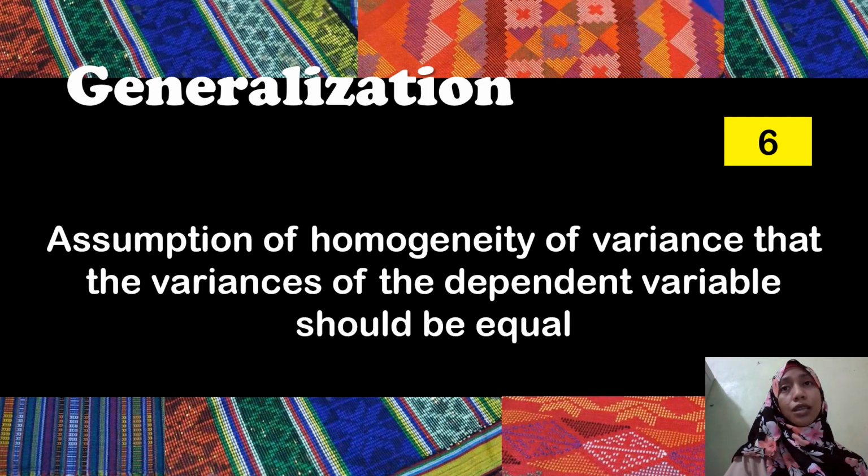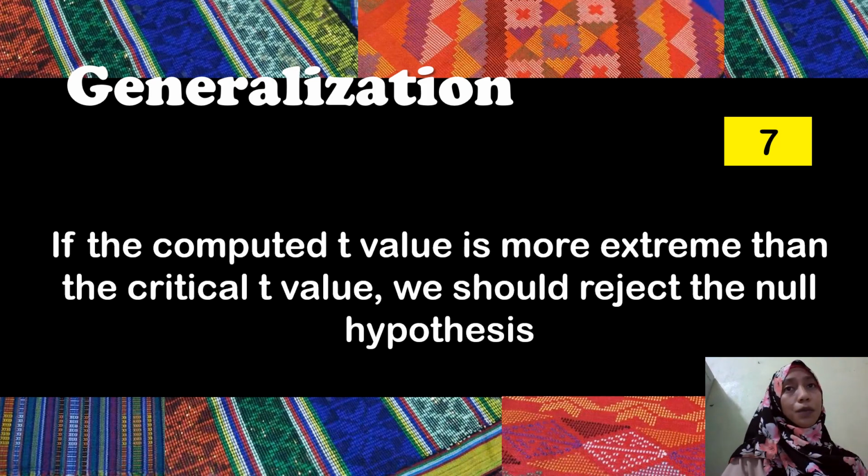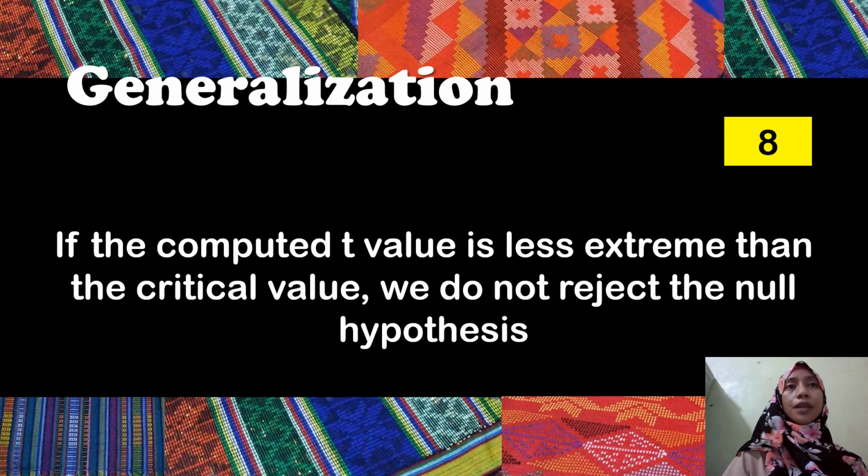Assumption of homogeneity of variance means that the variances of the dependent variable should be equal. And if the computed t-value is more extreme than the critical t-value, we should reject the null hypothesis. And lastly, if the computed t-value is less extreme than the critical value, we do not reject the null hypothesis.